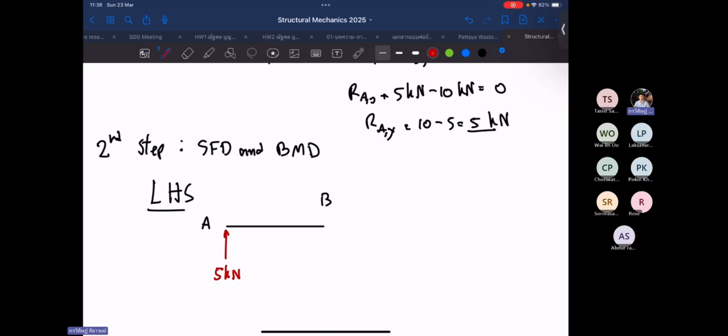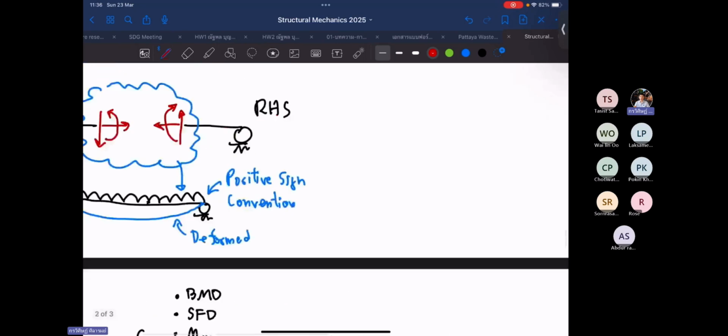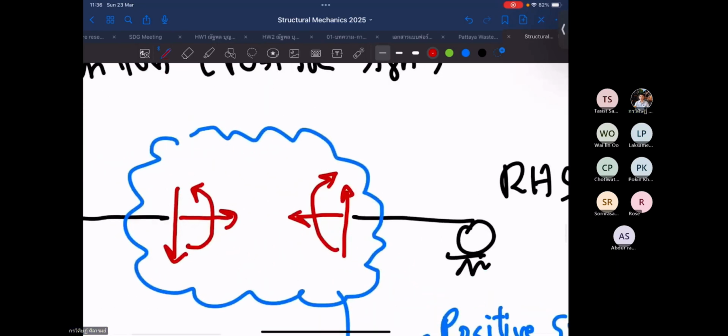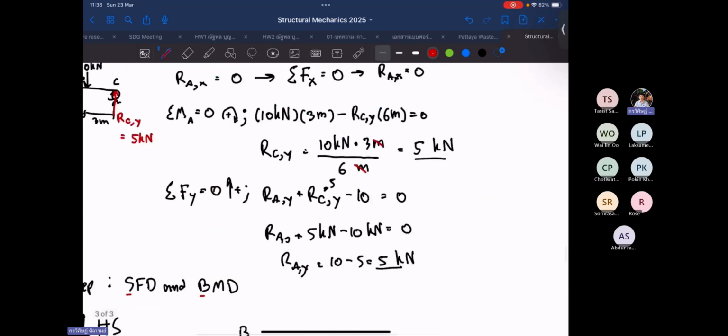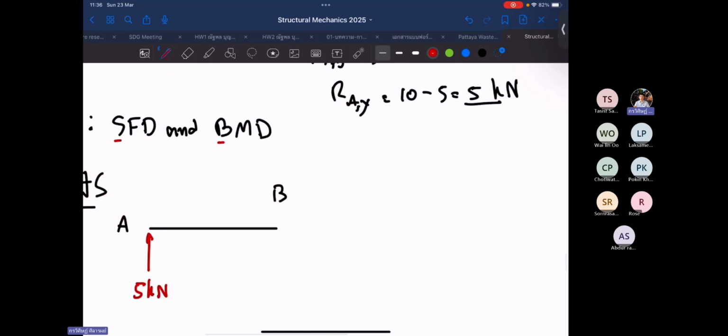This one is the left hand side of this system, and then we will determine the shear force and the bending moment. For left hand side, let's check the sign convention. Shear force downward is positive and bending moment counterclockwise is positive. So we will assume that this one is positive sign first.